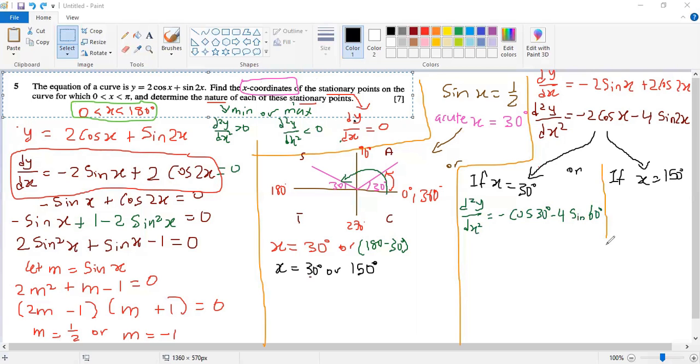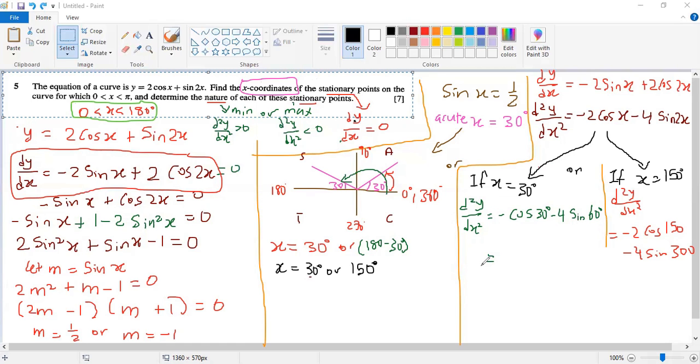So I'm just putting in this substitution. Or on this side, let's calculate that, please. On this side will be d²y/dx², due to space I write it like this: minus 2 cos of 150 minus 4 sin of 150 times 2, 300 degrees. All this you can just use a calculator. These special values can be computed. So let's put it in the calculator, please.